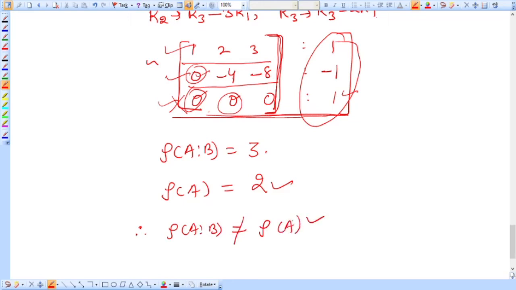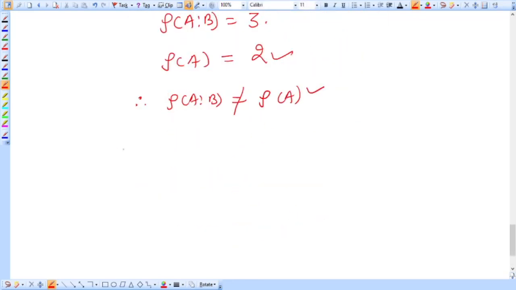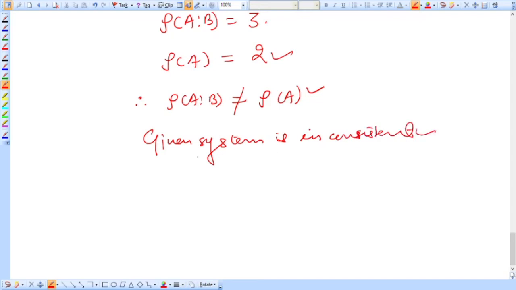So therefore this given system is inconsistent, ठीक है, इनकंसिस्टेंट है। अब सॉल्यूशन, नो सॉल्यूशन, therefore no solution exists in this case, right?